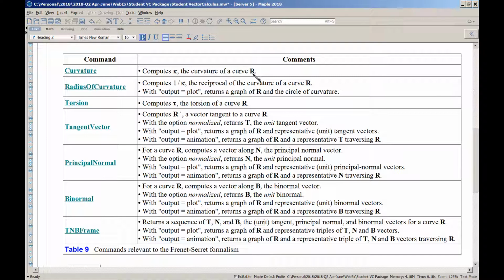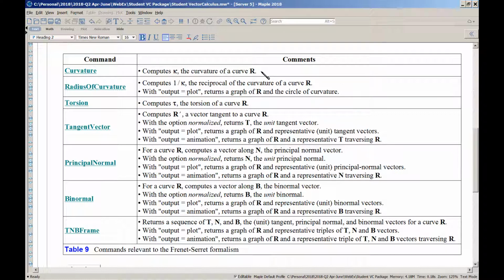The commands curvature, radius of curvature, torsion, tangent vector, principal normal, binormal, T and B frame can all be applied to a curve, and that curve can be defined as a free vector with a parameter. So angle bracket t squared would work here, which goes to show how the origins of this package have evolved.